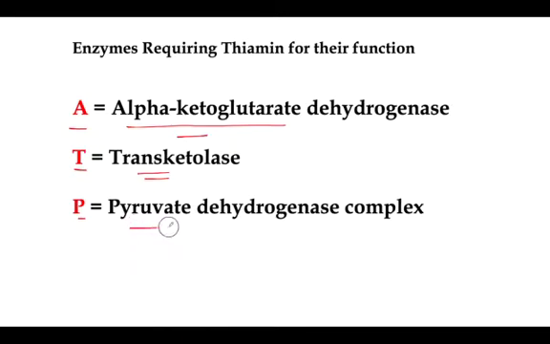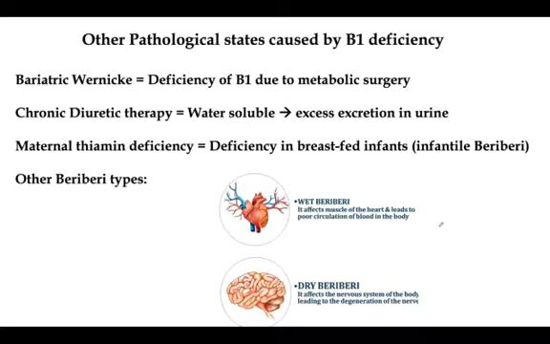And P for pyruvate dehydrogenase complex, which is an enzyme responsible for converting pyruvate to acetyl coenzyme A. And if you remember the lectures from biochemistry, you know that the mechanisms of action of alpha ketoglutarate dehydrogenase and the pyruvate dehydrogenase complex are more or less similar, except that the substrates and products are different.